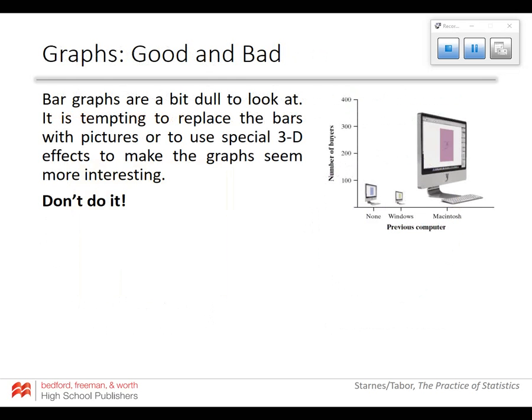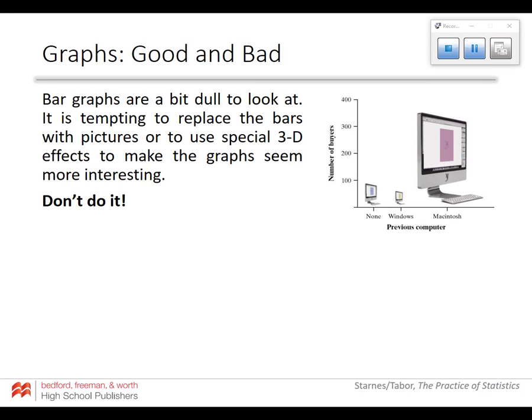So just some warnings about what to look for in terms of misleading graphs. Because bar graphs can be a little bit on the dull side, it's tempting to use pictographs instead. But you have to be careful, because for the none we've got a little under 100, and for the Macintosh we've got somewhere between 300 and 400.